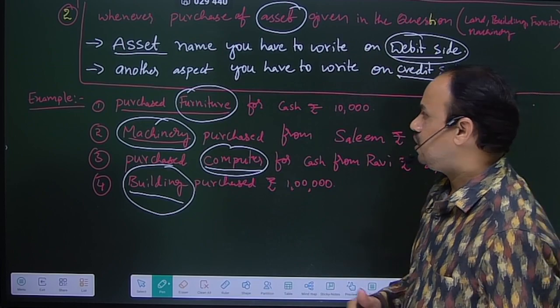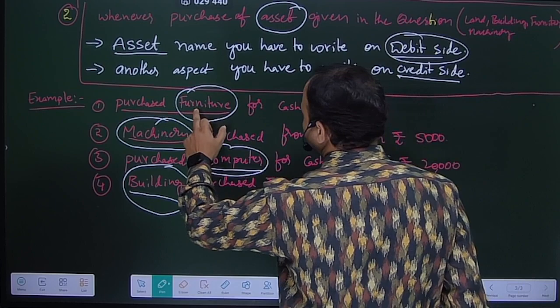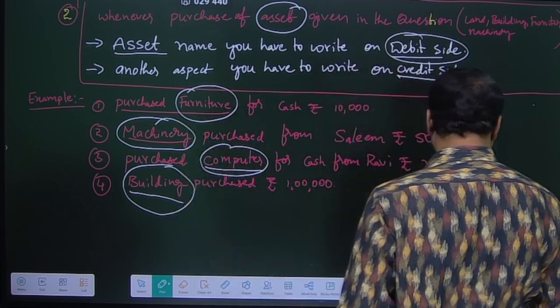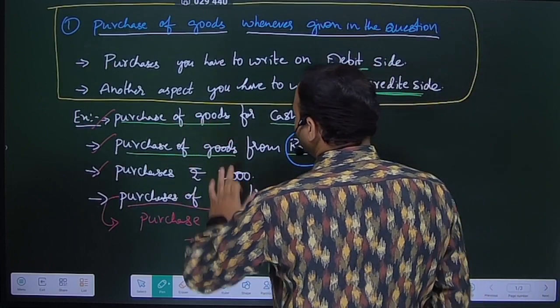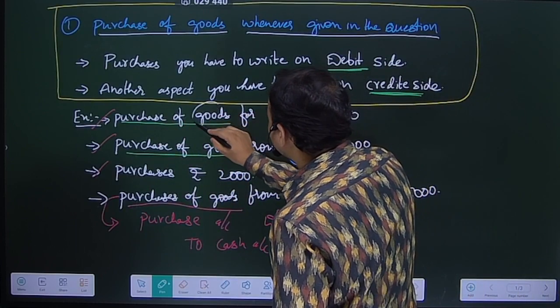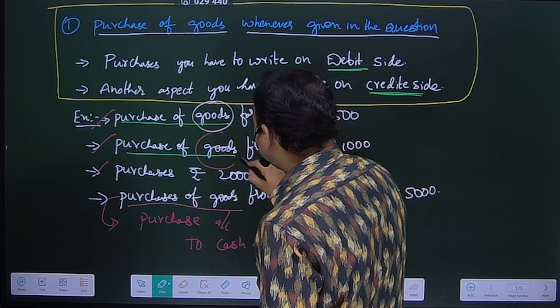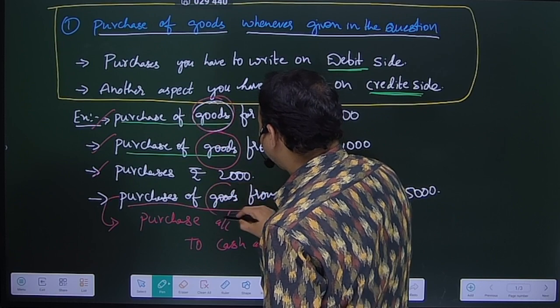Let's see how to write the journal entries for these example problems. See in the previous problem, what is given? Purchase of goods. Here what we purchased? Goods we purchased. Here goods purchased, here also goods purchased.